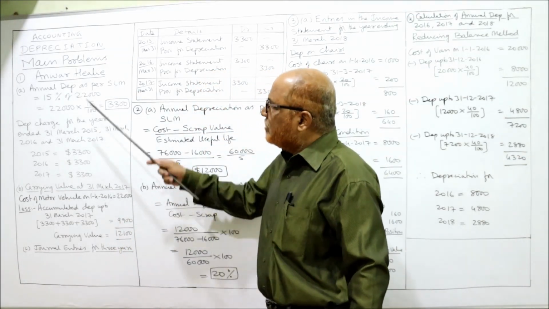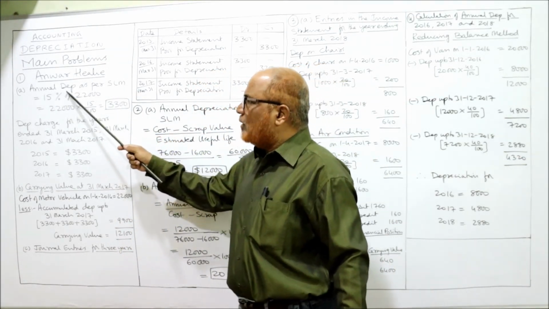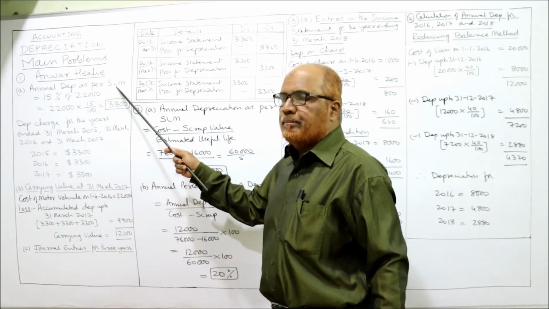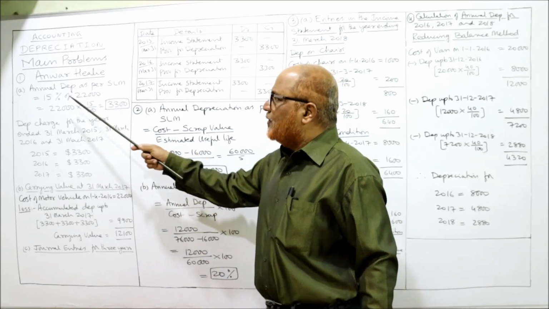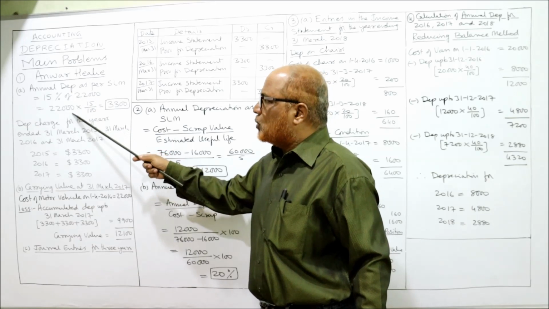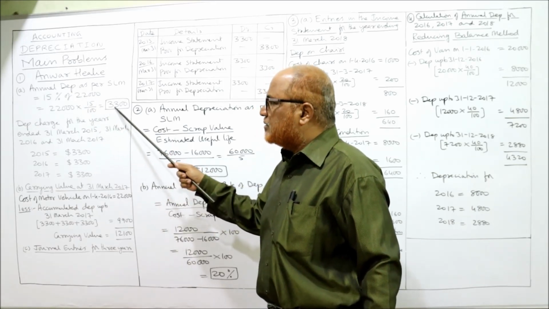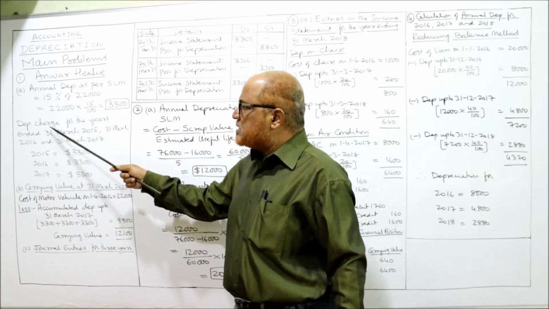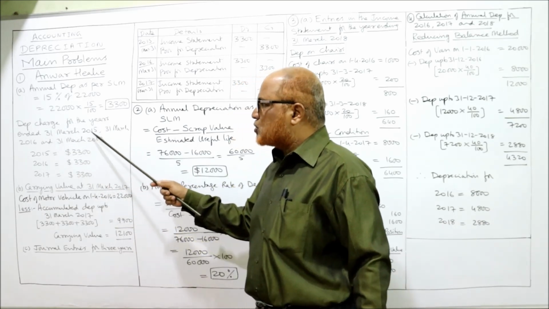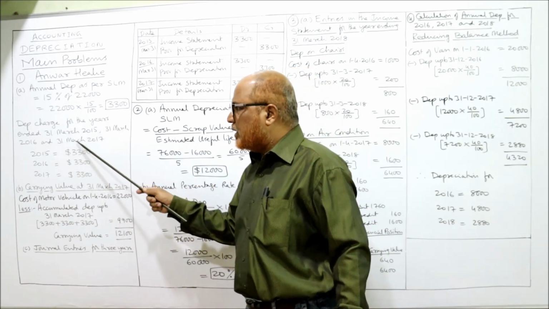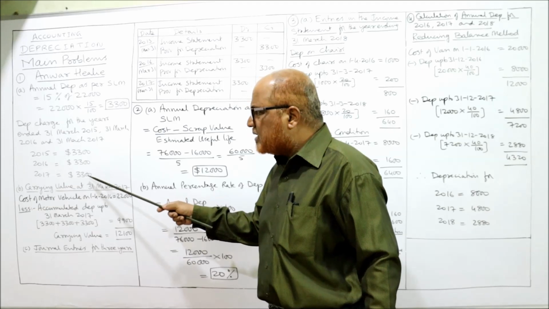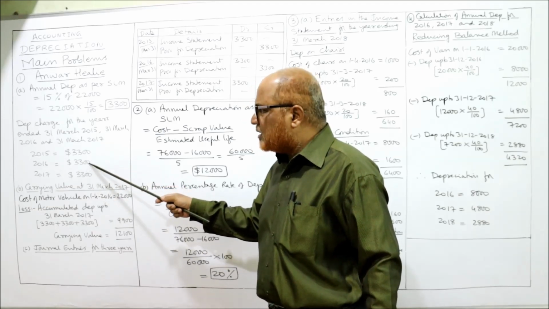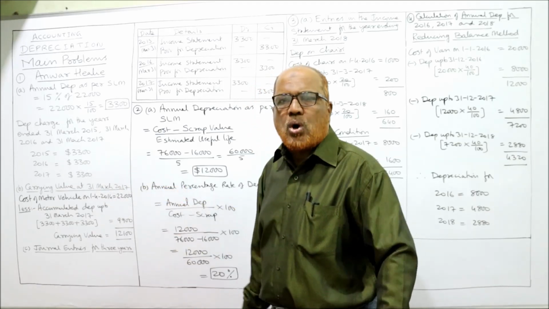You can see Anwar Healy, annual depreciation as per SLM, straight line method, 15% of 22,000. So 22,000 into 15 by 100, 3,300. Now depreciation charge for the year ended 31st March 2015, 2016 and 2017. Every year it will remain same. 3,300, 3,300, 3,300, that's all.